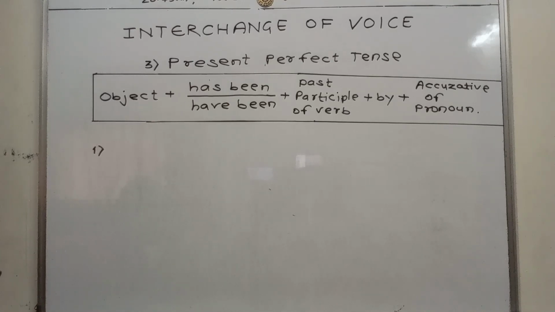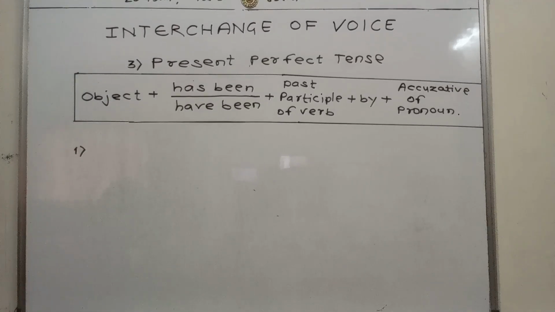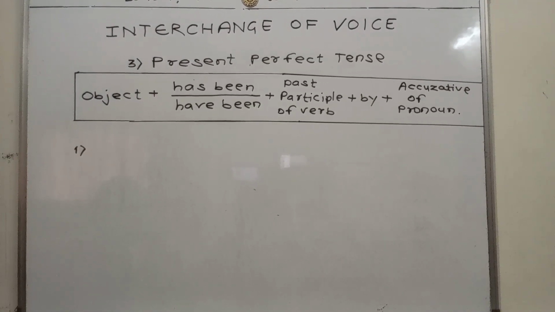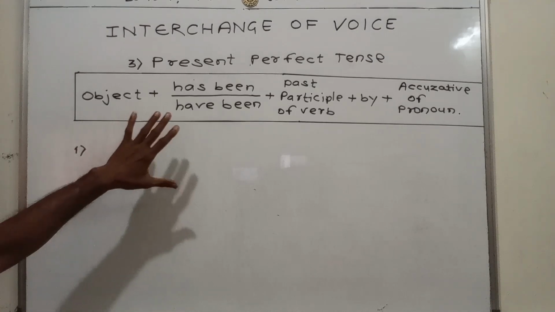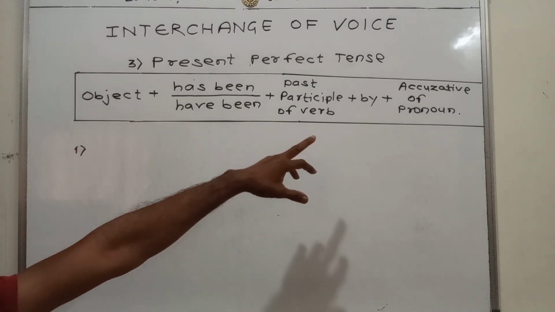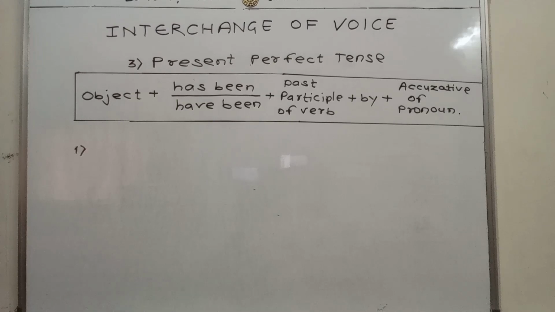Suppose give, present perfect tense, here directly past participle. But when give is simple present tense, then give becomes gave, then given and giving. Did you get it? Now here we take, after that by, and then accusative of pronoun, means I becomes me, he becomes him, like that.